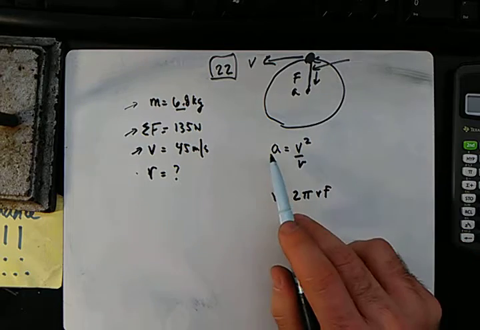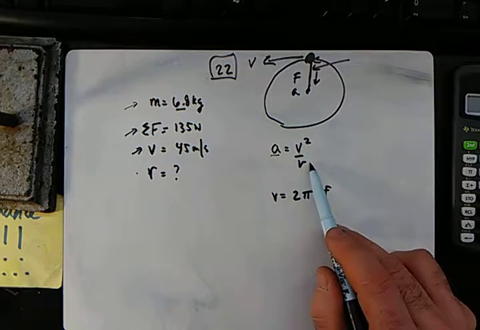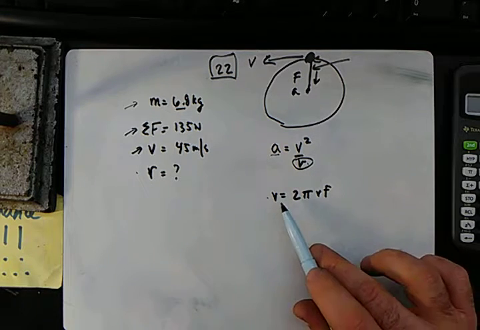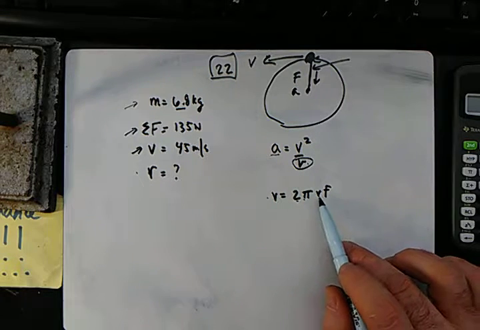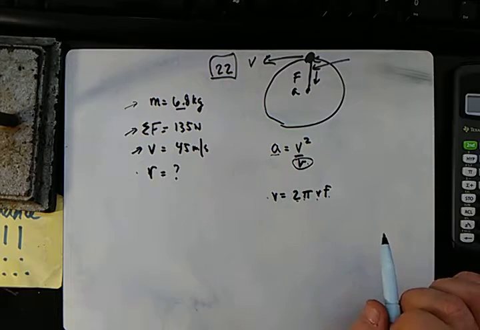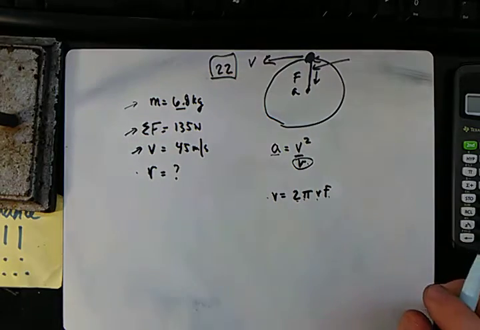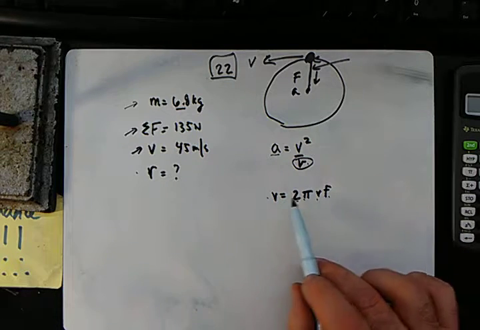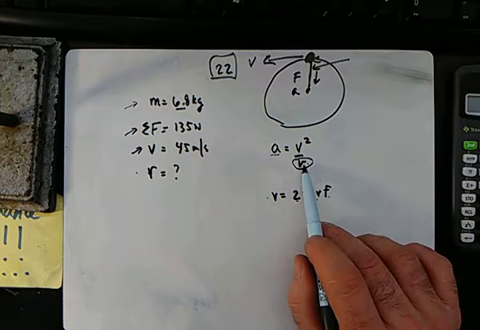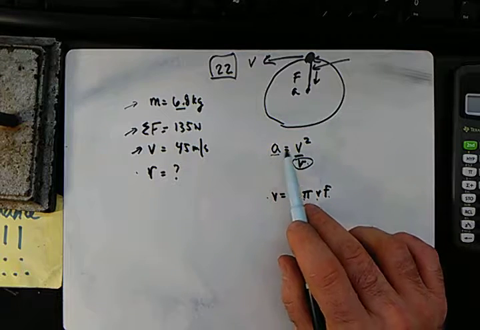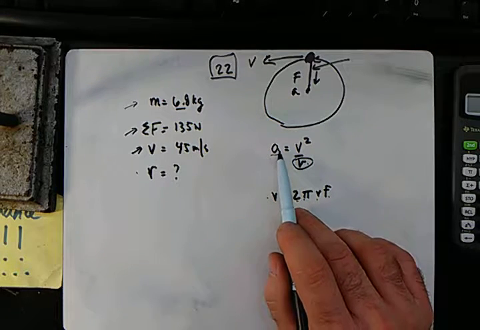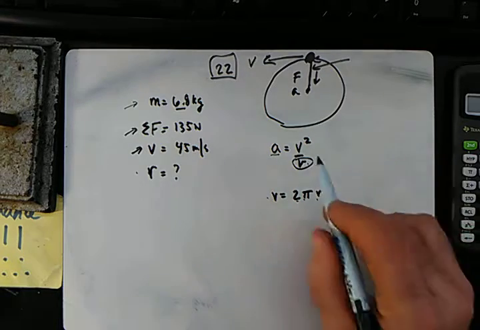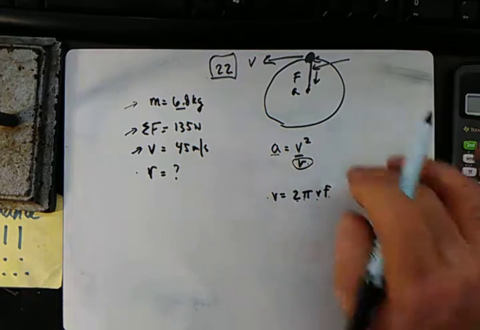The first formula is the acceleration is v squared over r. Here's a radius. The second formula is the velocity is 2 pi radius times the frequency. So let's see which one might work out for us to get the radius. Looking at the first equation, I've got a velocity, but I do not have an acceleration, so we're not going to be able to use this one quite yet.